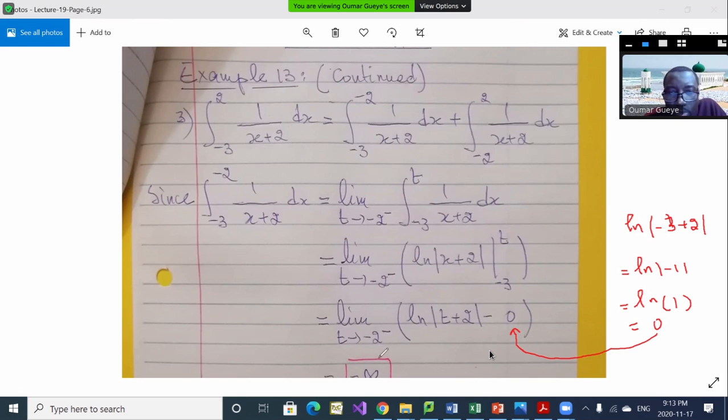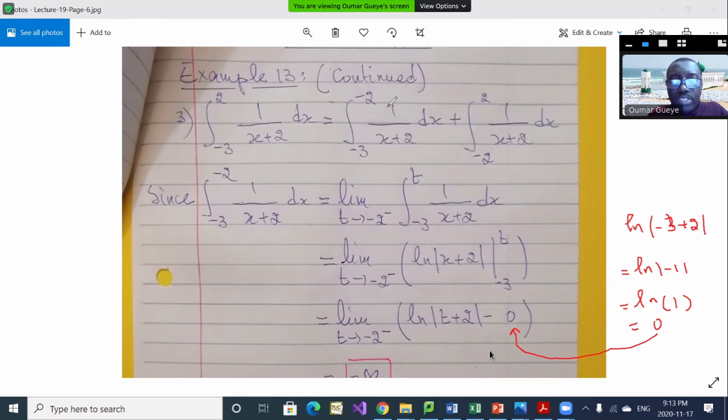Okay, and now when you let t approaching to -2 from the left, this absolute value is approaching to 0 plus, 0 from the right, because of the absolute value. Okay, make it positive. So when we are approaching to 0 from the right, the log function is approaching to -infinity.